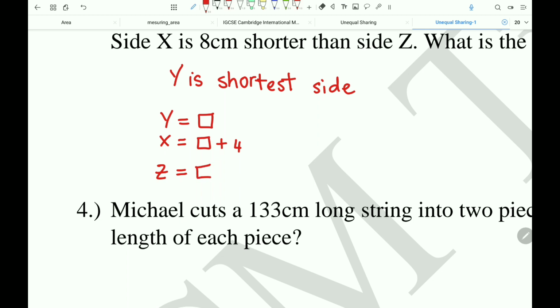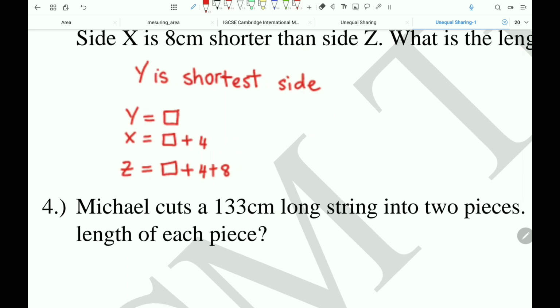It's going to be box plus 4 plus 8, since X is 8 centimeters shorter than Z, which means that Z is 8 centimeters longer than X. And X is not equal to box, X is equal to box plus 4. So Z will be box plus 4 plus 8.